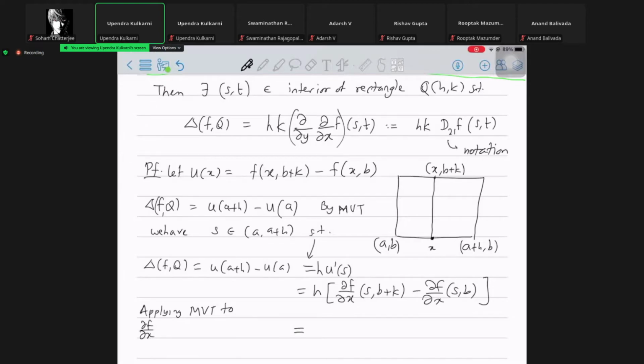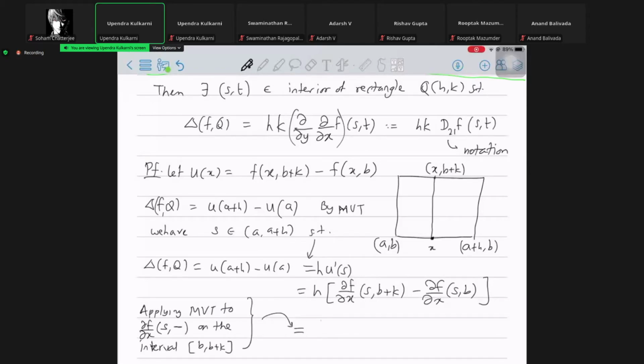But now, you tell me precisely which function I'm applying this mean value theorem to. Single variable mean value theorem. So I'm applying it to the function del f by del x evaluated at (s, variable) on the interval. Which interval? b comma b plus k.